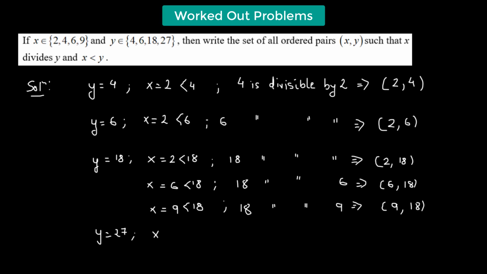So we are left with only the last element, x equals 9. The first condition is fulfilled, that x is less than y, and 27 is divisible by 9. So we have the final ordered pair, x is 9 and y is 27.